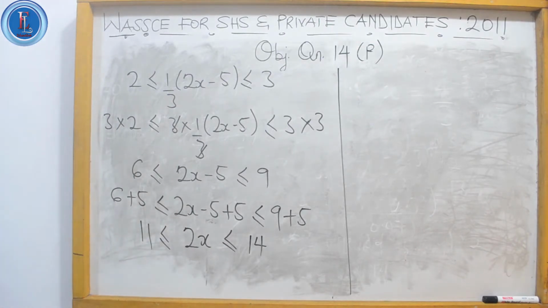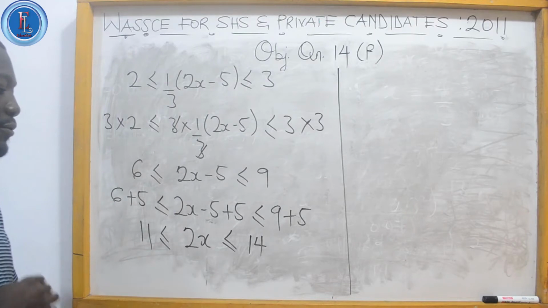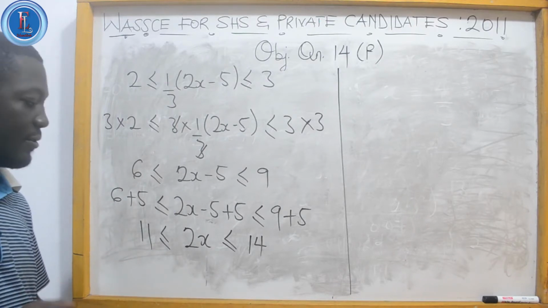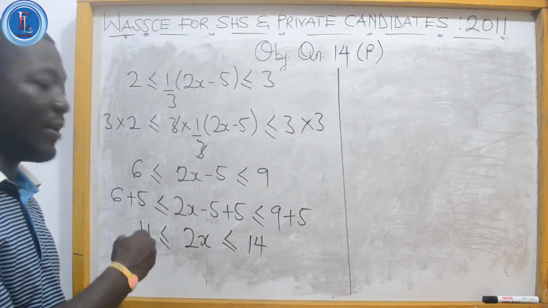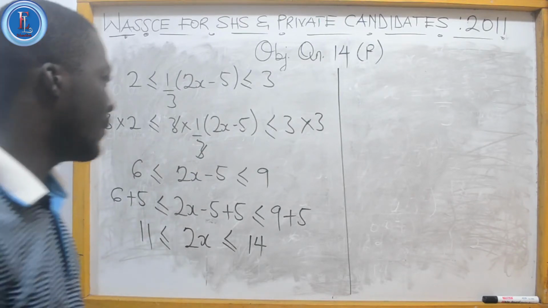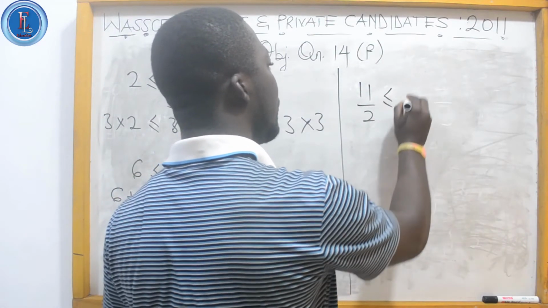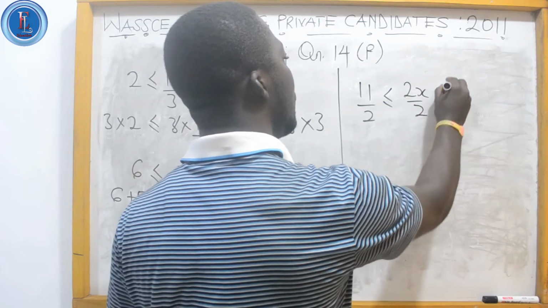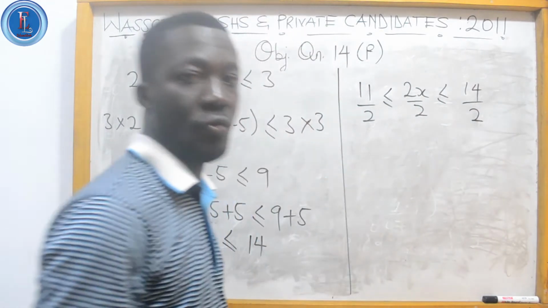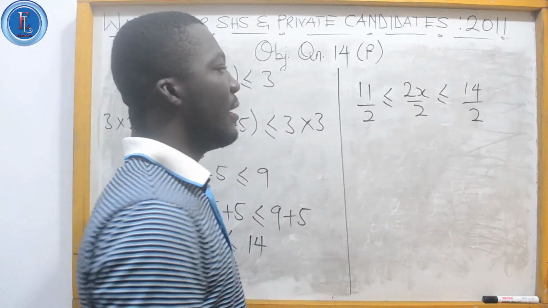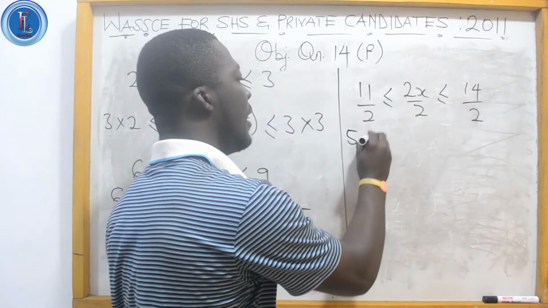Again, we want to make x the subject at the middle. To do that, we have to divide all the 3 sides by 2. We are dividing all the 3 sides by 2, giving us 11 out of 2, less or equal to 2x out of 2, less or equal to 14 out of 2. 11 out of 2 will give 5.5.